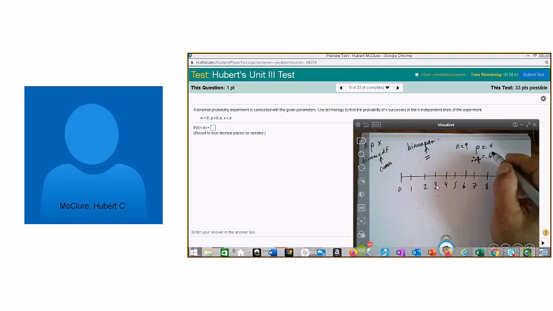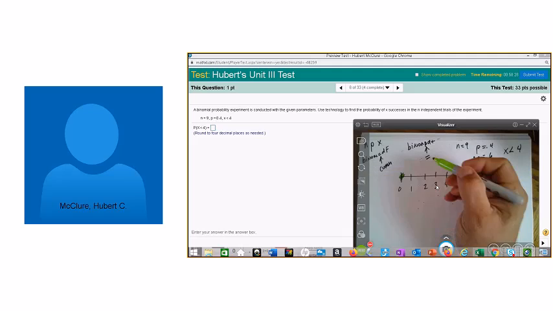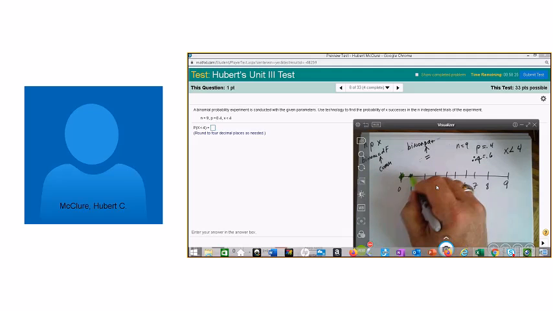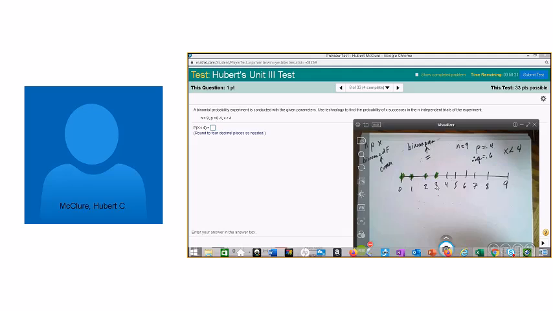And they're asking x is less than 4. So x is less than 4 means 0, 1, 2, 3.